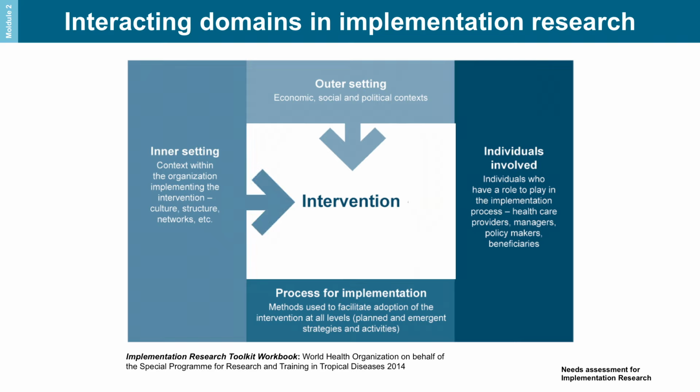We have our inner setting, which includes all of the aspects of the service delivery organization and the people that they serve. We then, of course, are concerned about the people themselves, who they are, the individuals involved, including the beneficiaries, policymakers, program implementers. And finally, we have a process that we go about.